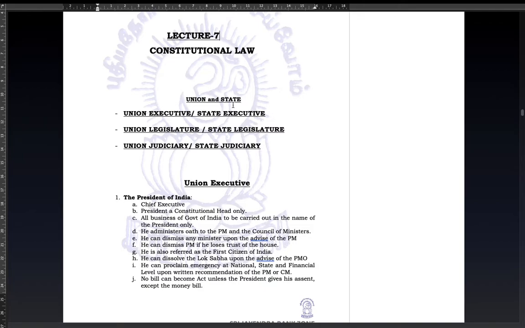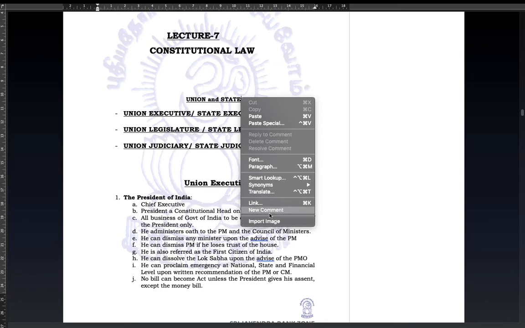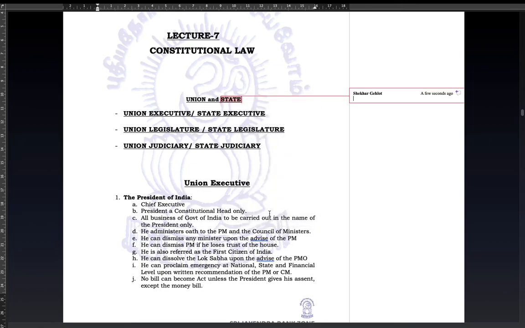Our Constitution provides for both state as well as union. Union, that is the government at the center. State, that is the state governments.